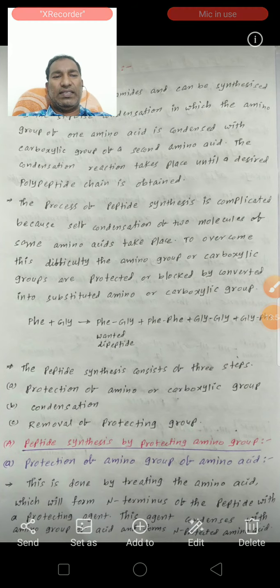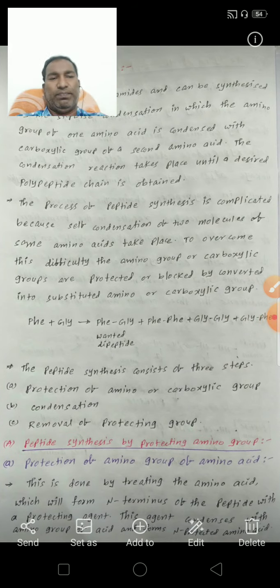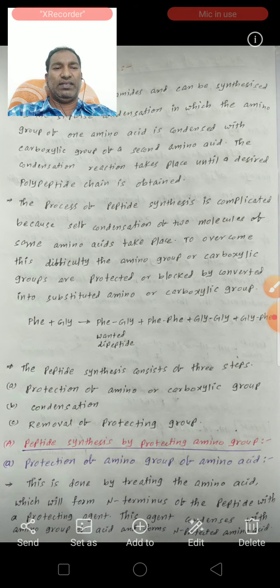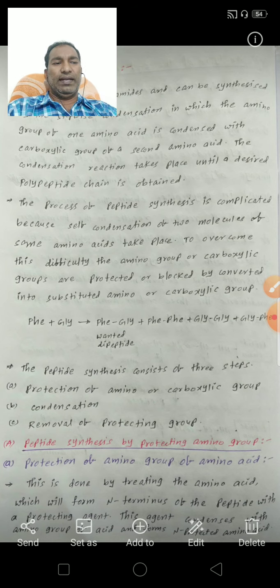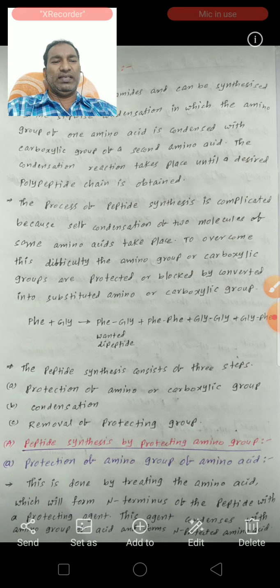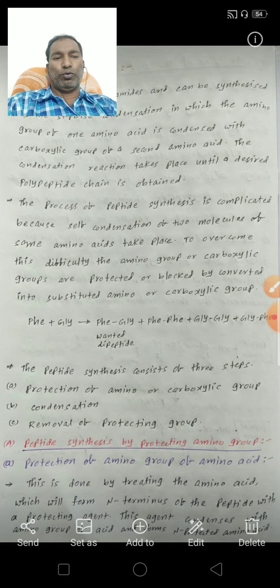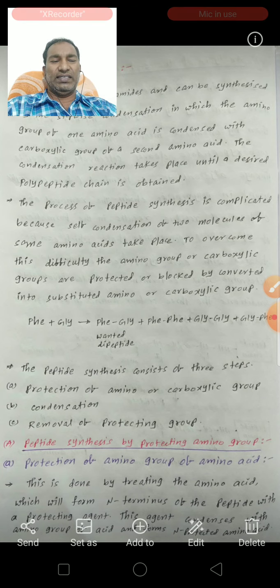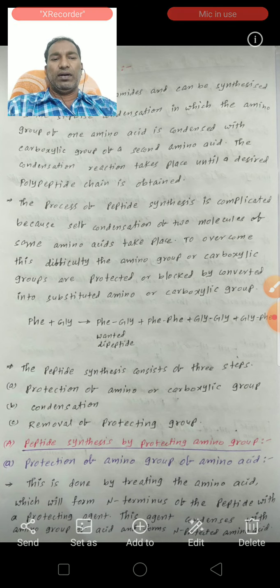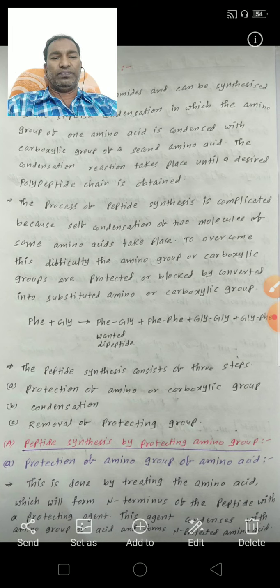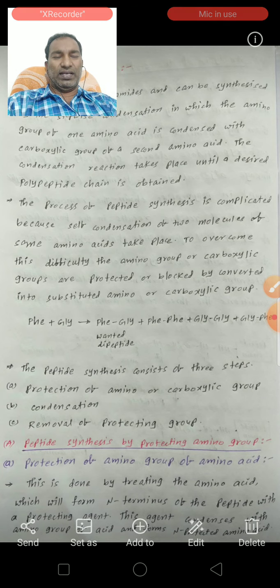See here, the next topic is peptide synthesis. Peptides are polyamides and can be synthesized by stepwise condensation in which the amino group of one amino acid is condensed with the carboxylic group of a second amino acid.